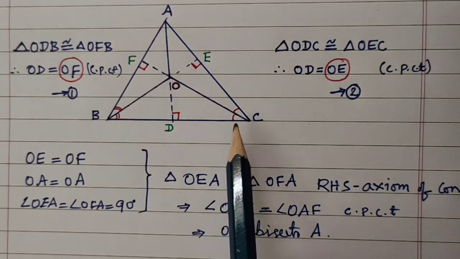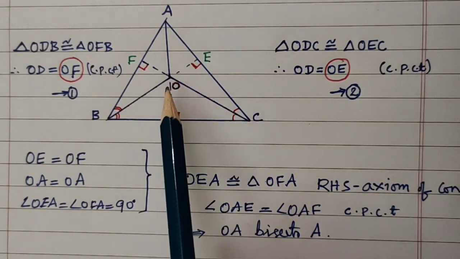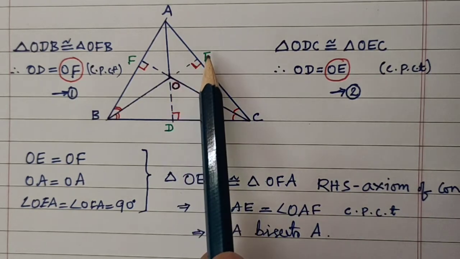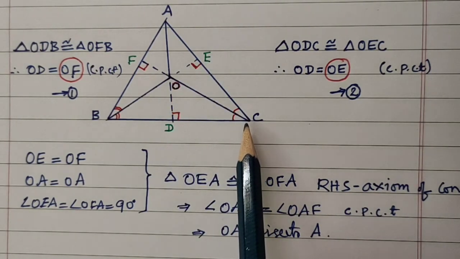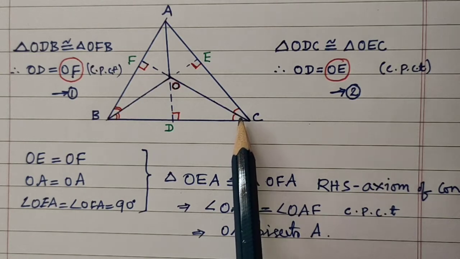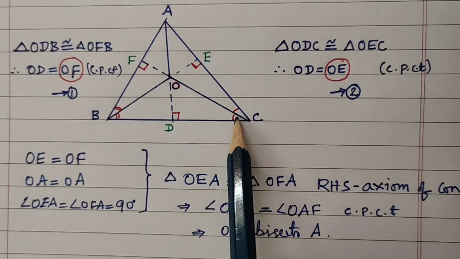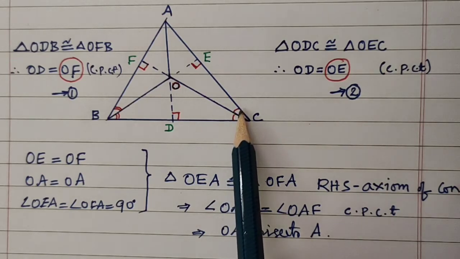Let us take these two triangles, ODC and OEC. Because CO bisects angle C, this angle is equal to this angle.